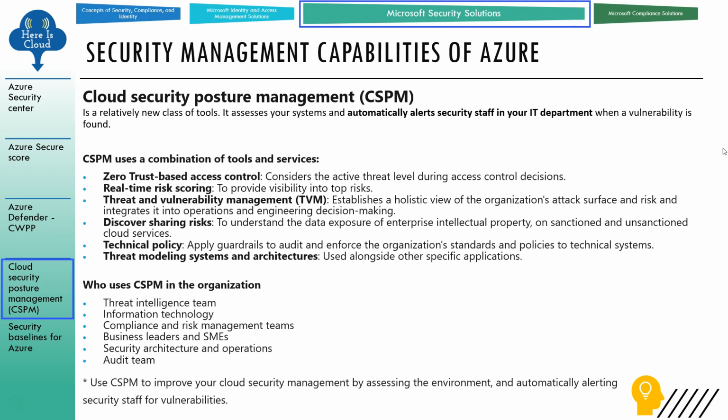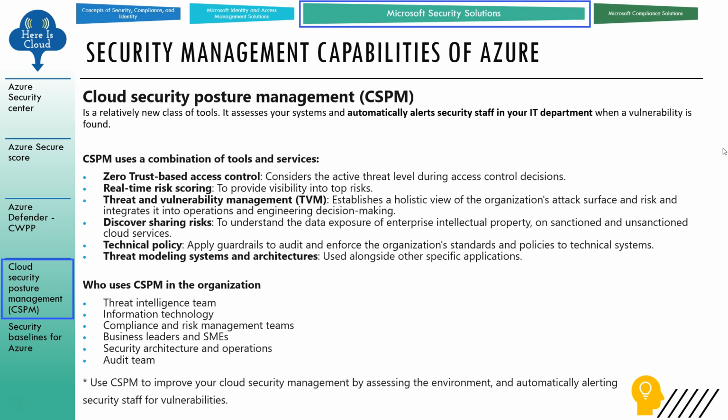Real-time risk scoring to provide visibility into top risks, threat and vulnerability management. Discovering sharing risk, for example, to understand the data exposure of enterprise intellectual property, or sanctioned and unsanctioned cloud services. Technical policies, threat modeling, system and architecture. So with all these tools and services, it assesses your system and automatically alerts security staff when needed.